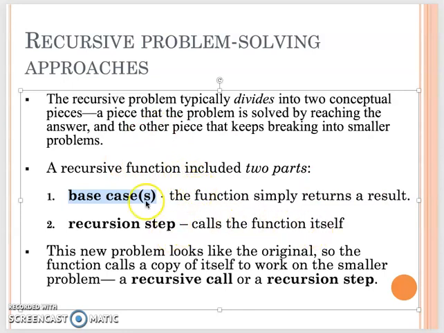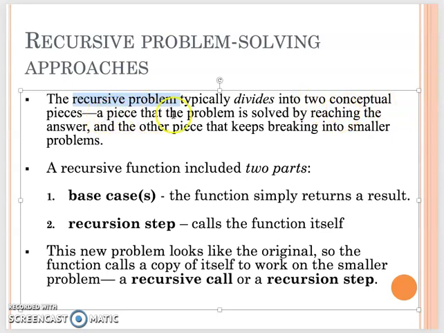Besides calling itself, we also need the base cases to terminate the function, so that our function won't keep calling itself infinitely and never finish. So we say that a recursive function can typically be divided into two conceptual pieces.